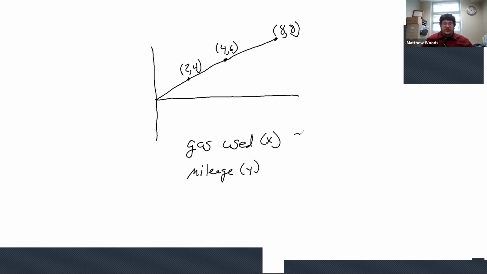And we'll say gas used is in gallons, and mileage would just be miles. So what would f of 2 be, and explain its meaning?